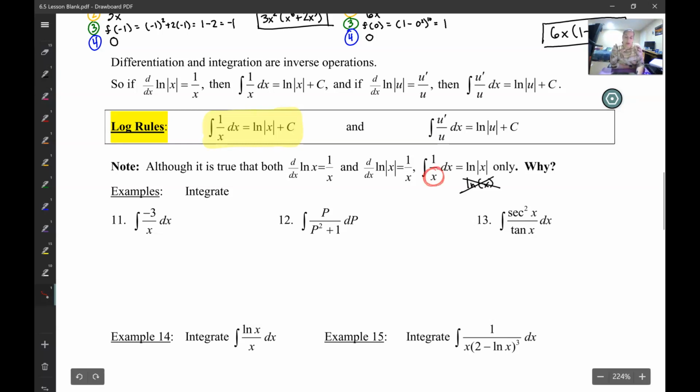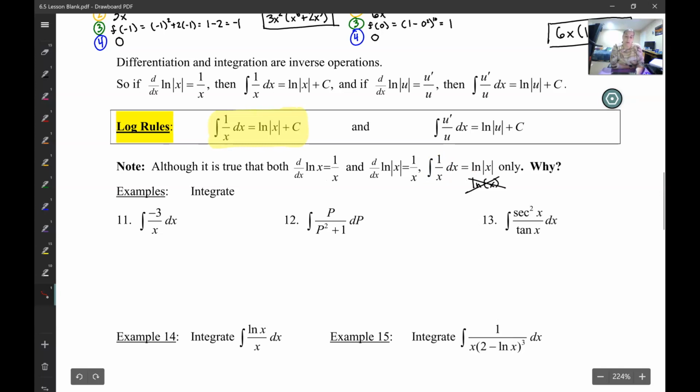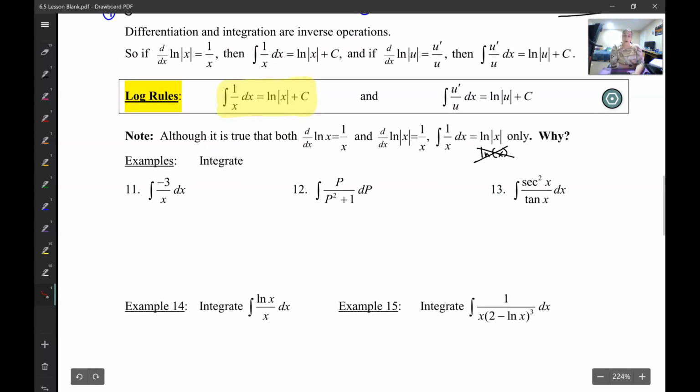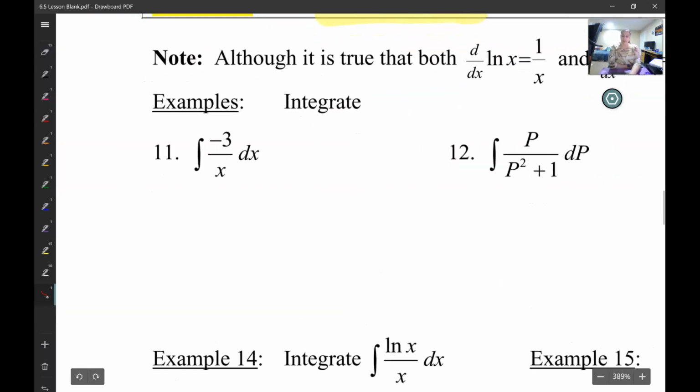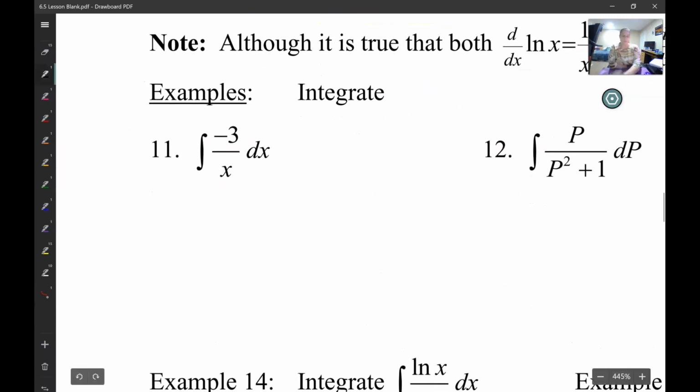I can plug negative x values into that. I cannot plug negative x values into that. I can plug negative x values into that. So that's why it's the absolute value one, so that our domain is the same for the input and the answer. Okay, now that we've talked about that, let's do some example problems.